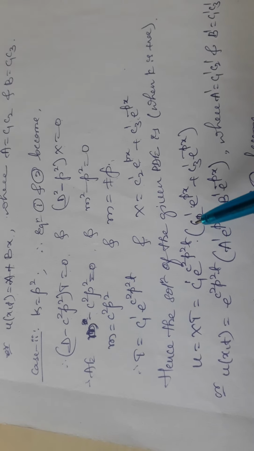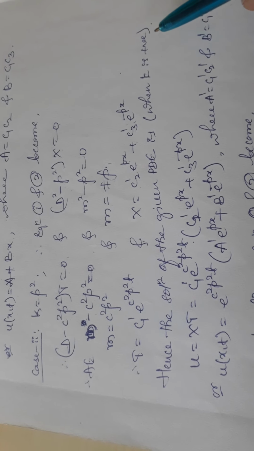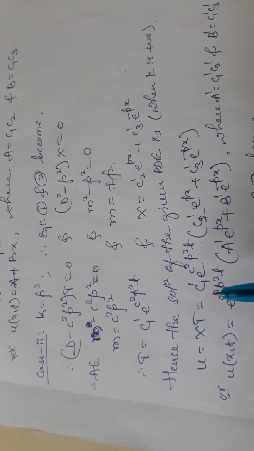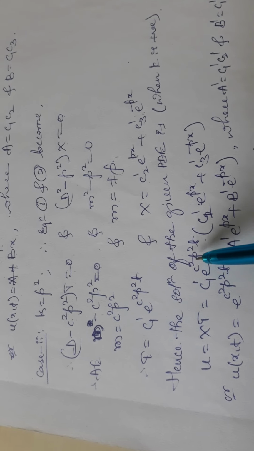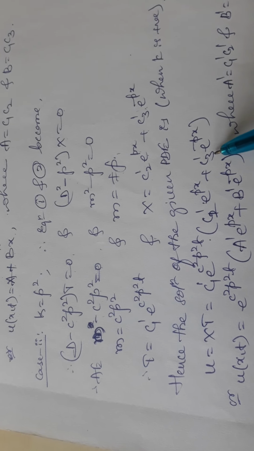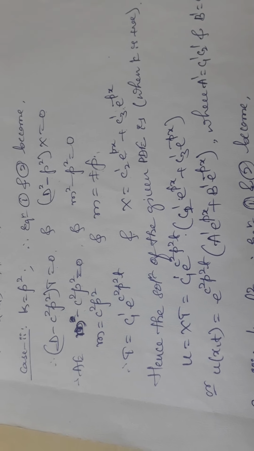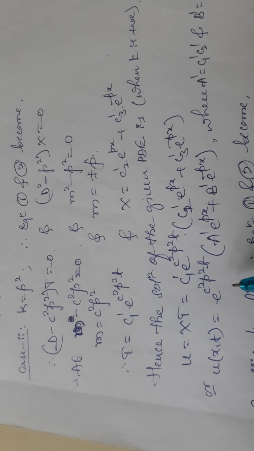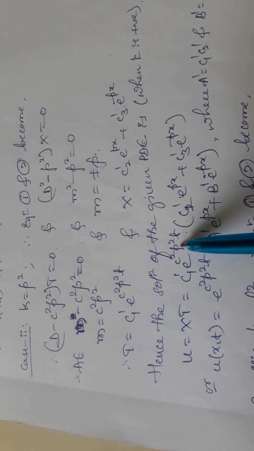Hence the solution of the given PDE when k is positive is given by u of x,t equal to c1 dash e to the power c squared p squared t into (c2 dash e to the power px plus c3 dash e to the power minus px).